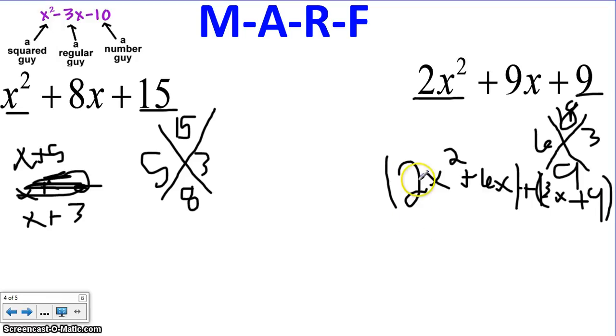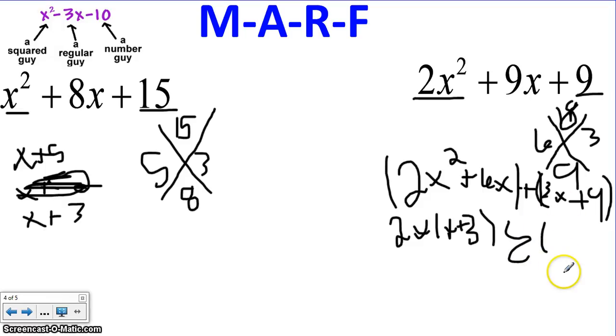Finally, you want to GCF both groups, and you will get a 2x times parentheses x plus 3, and then you will get 3 times parentheses x plus 3.